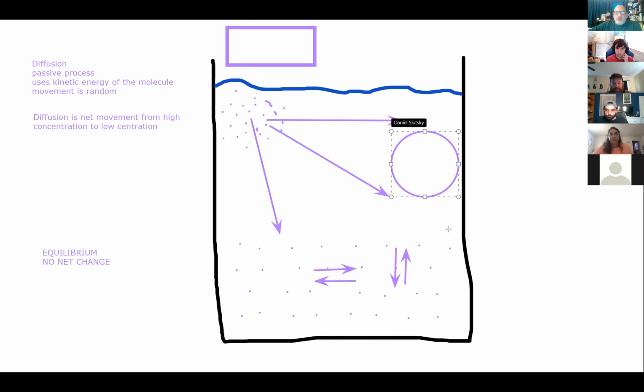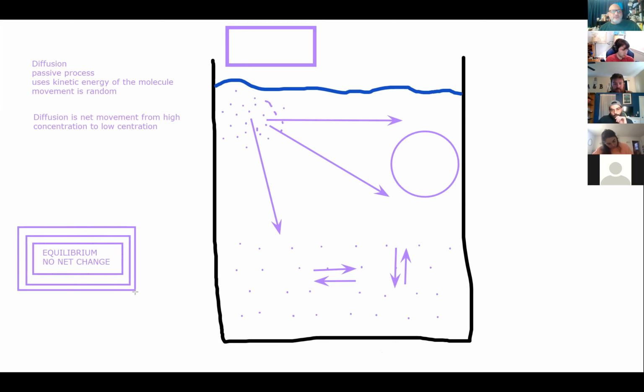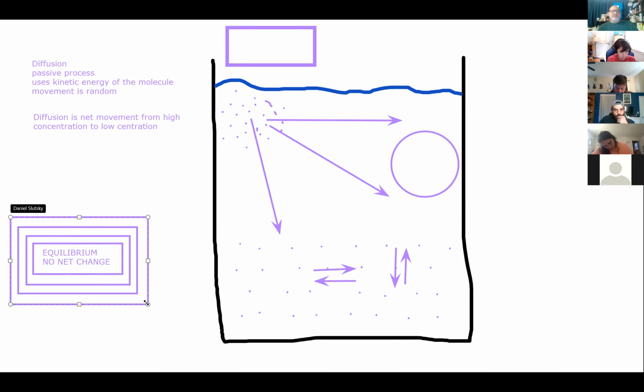No. Once we reach this equilibrium, things are still moving, but the key to this point is that there is no net change. All right? And that is our goal. Molecules want to move on their own passively without ATP to reach equilibrium. And to do that, they move from a high concentration to a low concentration.